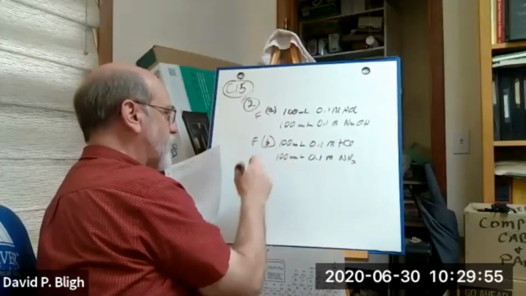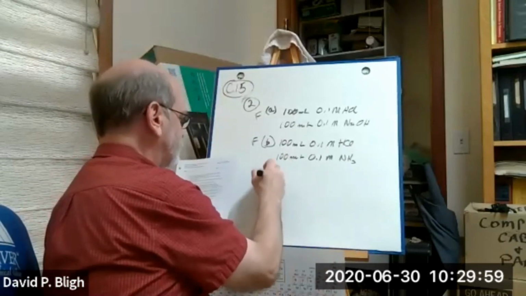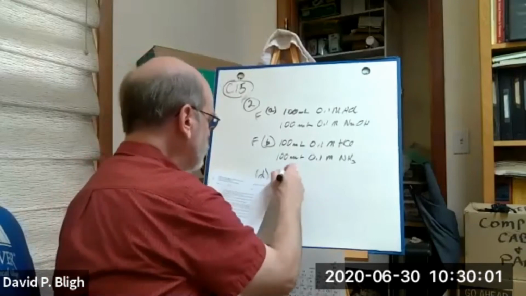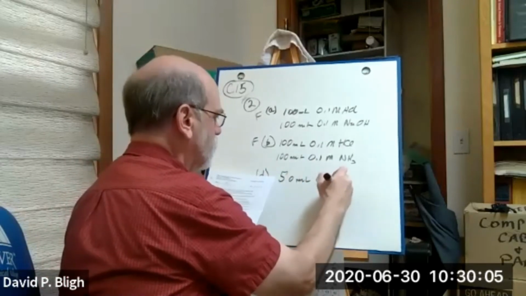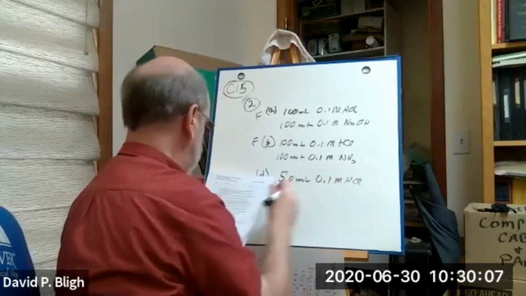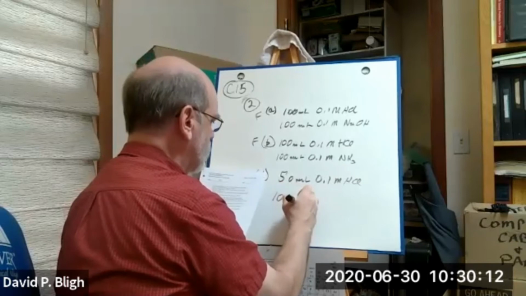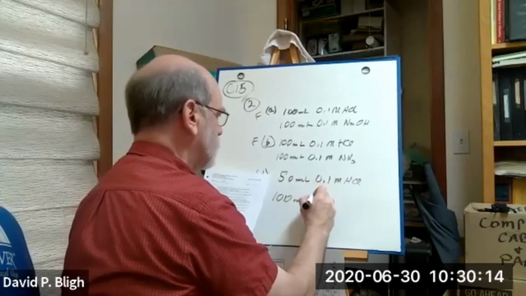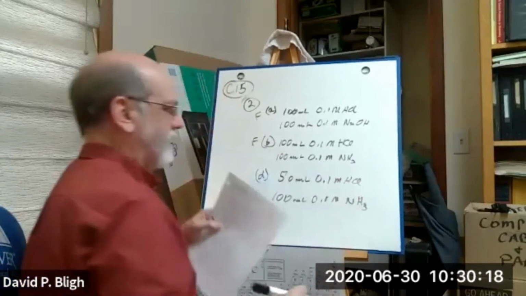All right, so that one's false also. D. If you mix 50 milliliters of 0.1 molar HCl and 100 milliliters of 0.1 molar ammonia, aha!